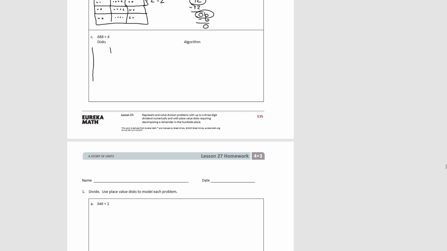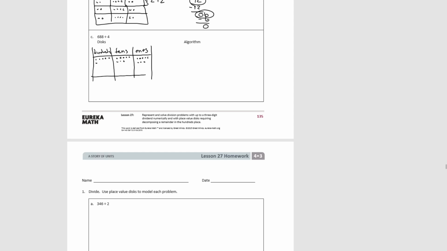Place value chart. Our dividend is 6 hundreds, 8 tens, and 8 ones.